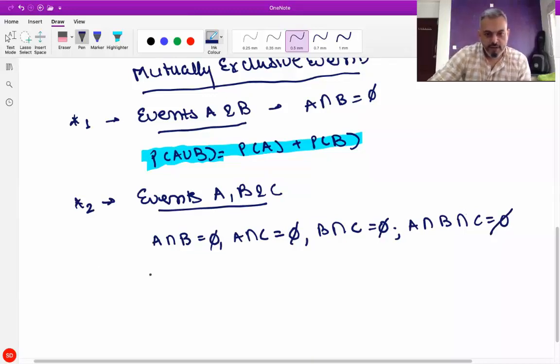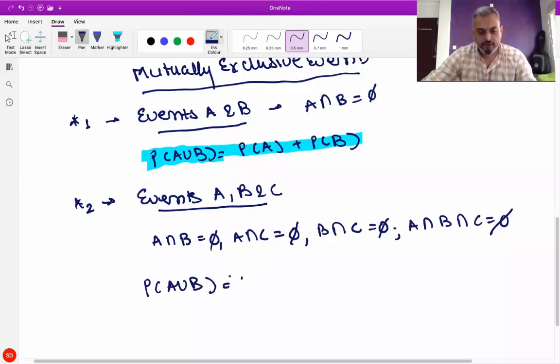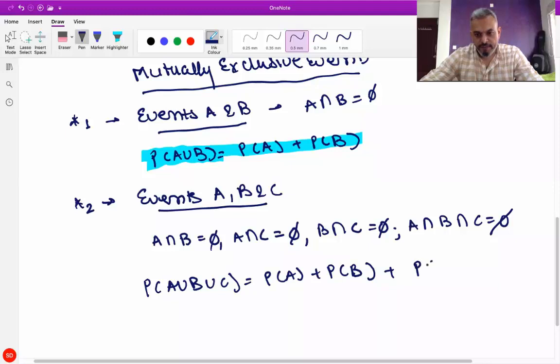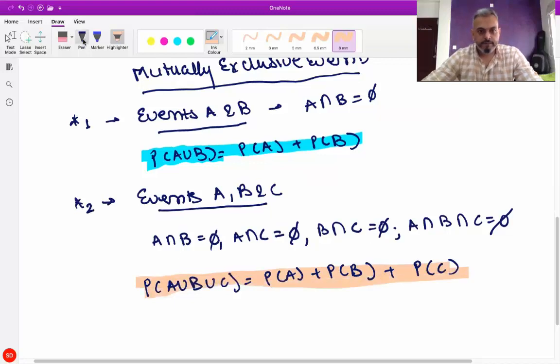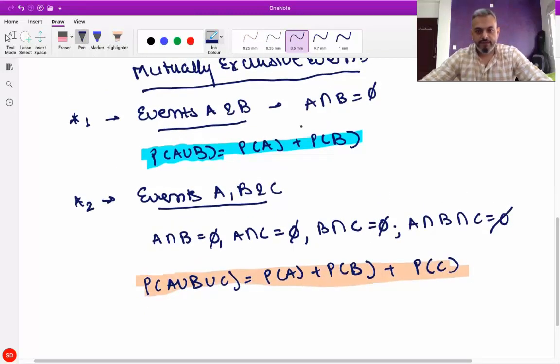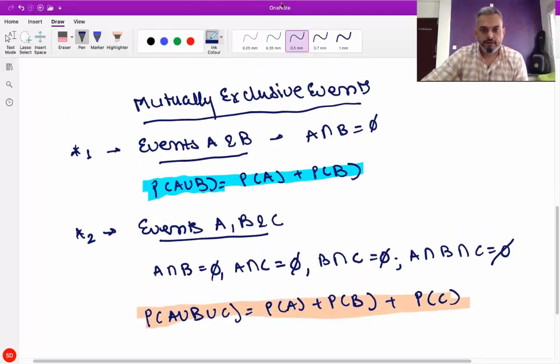In this case, probability of A union B union C will be equal to probability of A plus probability of B plus probability of C. But when do we use this? When they are mutually exclusive events. So please be careful about it. Only when they are mutually exclusive. Please write them. Important for exam.